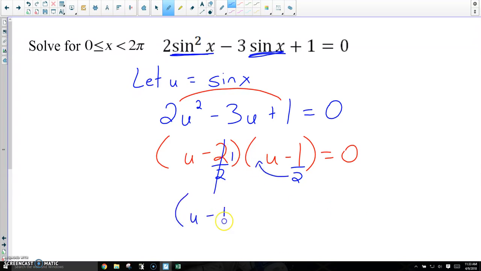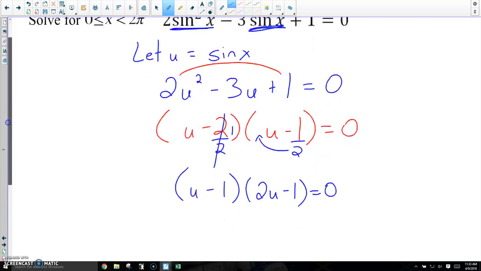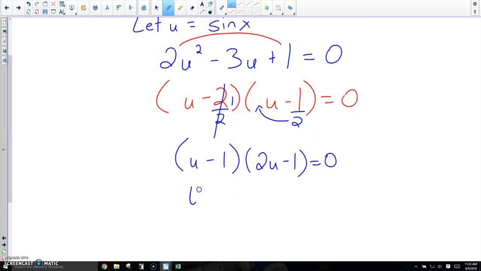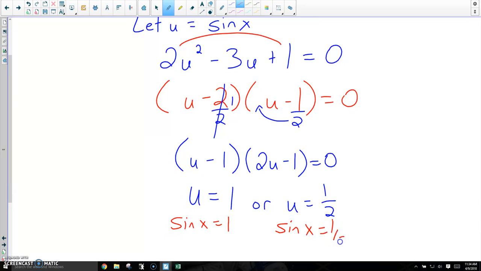So I get u minus 1 times 2u minus 1. Now when I go to solve that, I get u equals 1 or u equals 1/2. Replace the u with the sine of x, and we get the sine of x equals 1 or the sine of x equals 1/2.